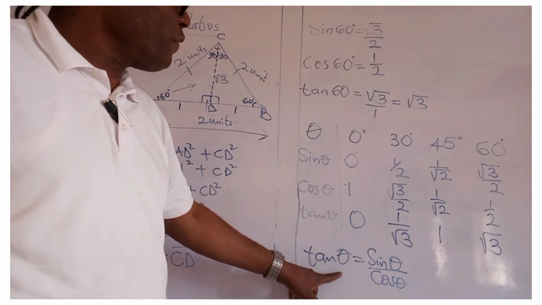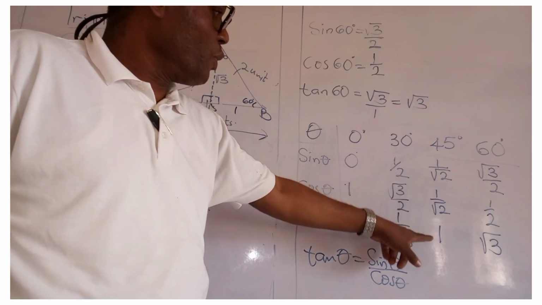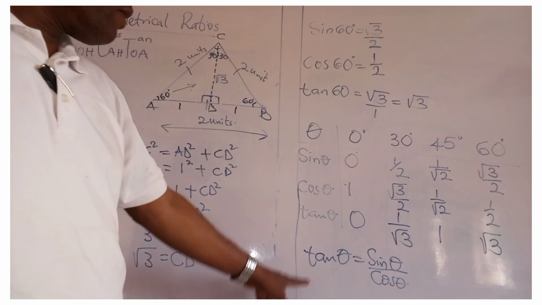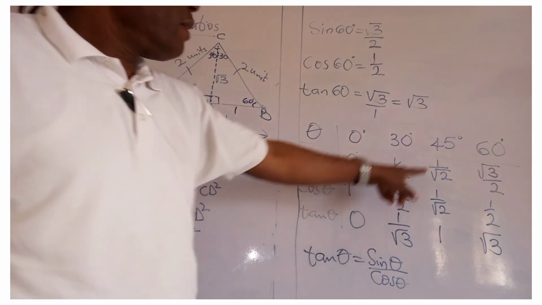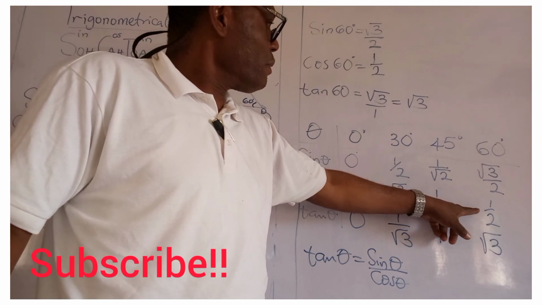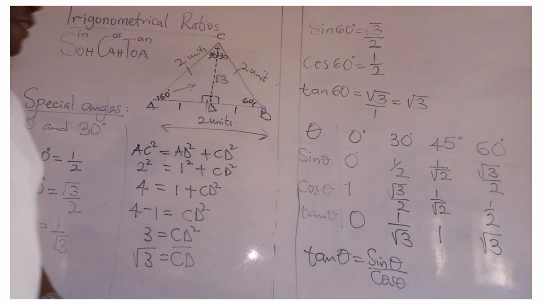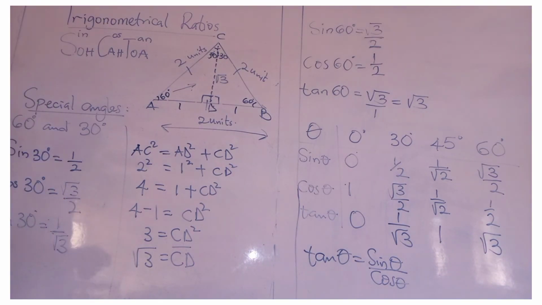Tan 45, 1 over square root of 2 divided by 1 over square root of 2 will give you 1. Then tan 60, square root of 3 divided by 2 divided by half will give you square root of 3. So as I earlier said, you can try and go for sine 90, tan 90, of course.